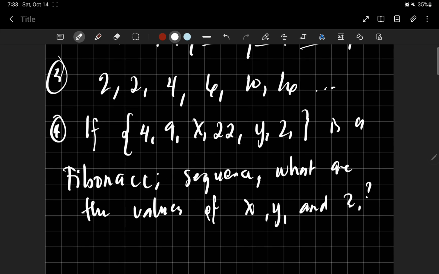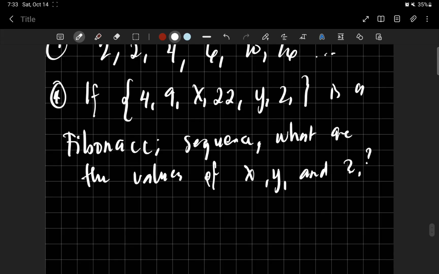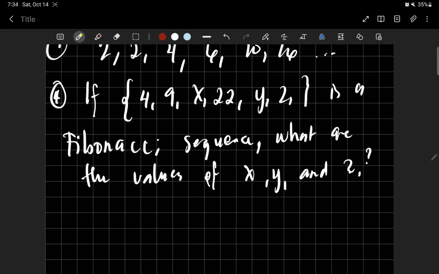Okay, so if 4, 9, x, 22, y, and z is a Fibonacci sequence, what are the values of x, y, and z? So ano ba yung una nating variable na pwede nating makuha agad? Okay, that is the value of x.